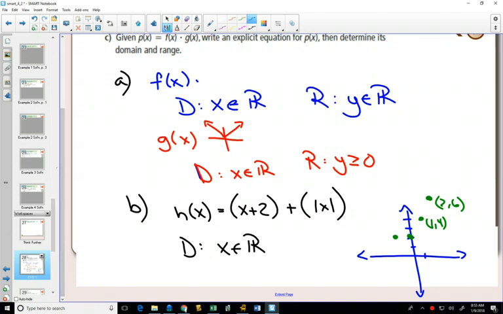What would happen if you plugged in a -3? This would be -3. This would become +3. They would go away, and you would just get 2 again. Can you see that no matter what negative value you put in, it's always going to be 2?